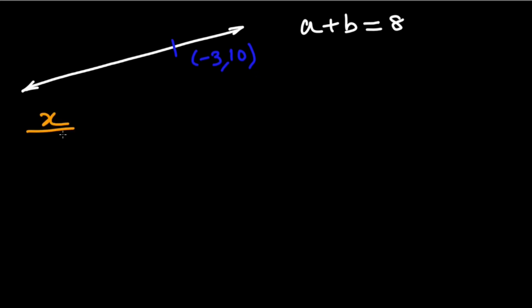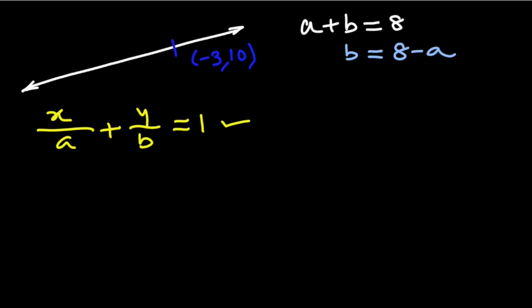We have to find the equation of this line, the sum of whose intercepts on the x and y axis is 8, that is a plus b equals 8, and which passes through the point minus 3, 10. The equation of a line in intercept form is x upon a plus y upon b equals 1, where a and b are the intercepts on the x and y axis.